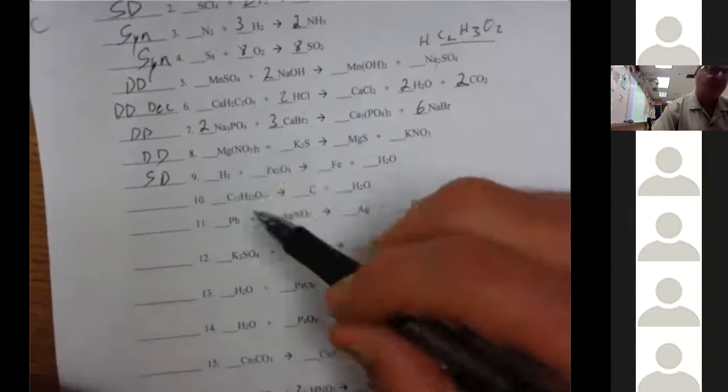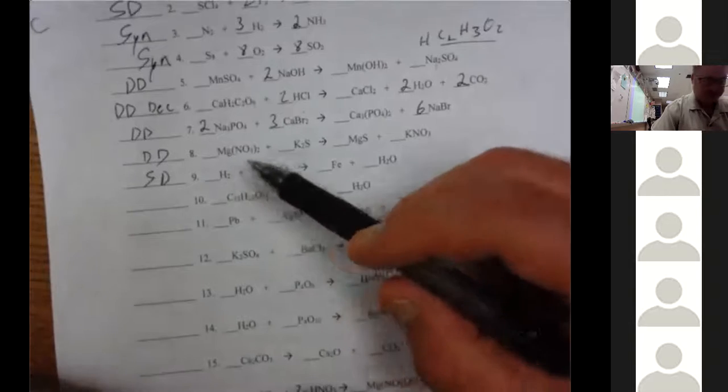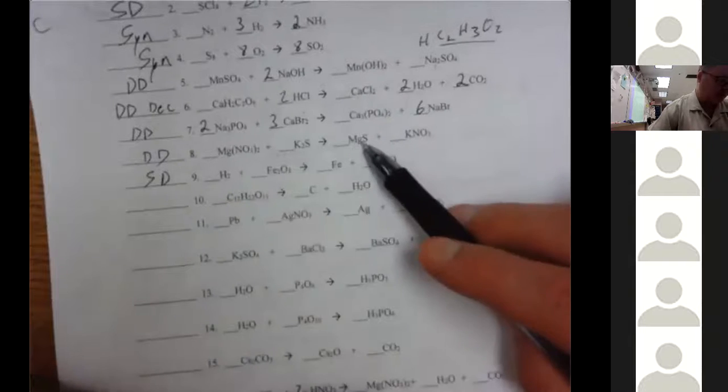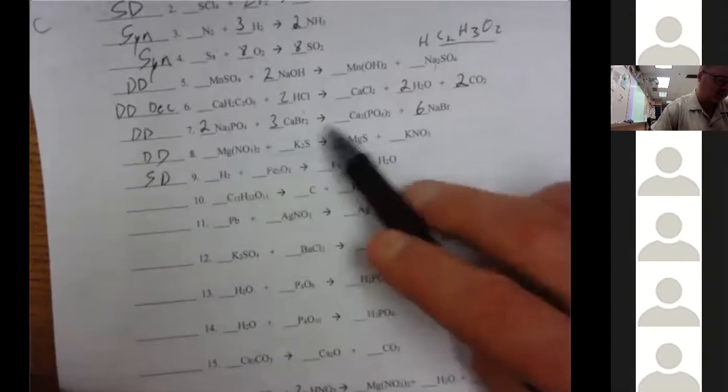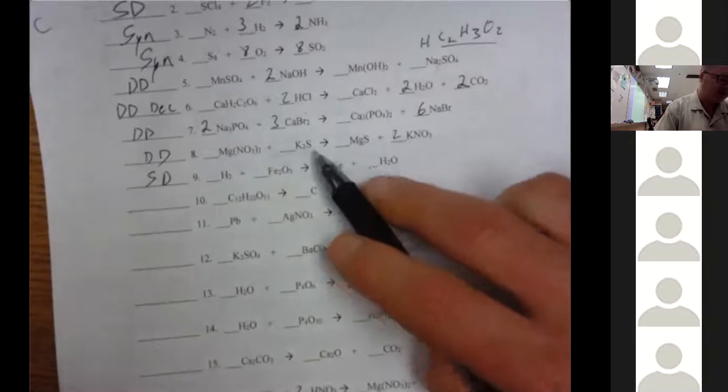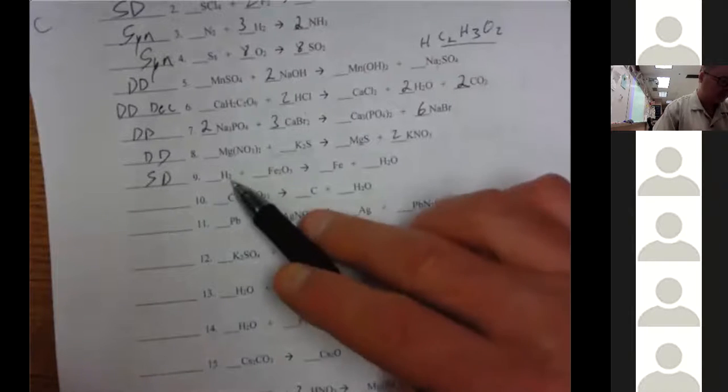So I'm going to show it to you a little bit early, and then it actually reinforces all of this stuff. So 1 magnesium, 2 nitrates, 1 nitrate. We need a 2 in front of here. It gives us 2 Ks, 2 Ks, 1 S, 1 S. 2 H's, 2 H's.